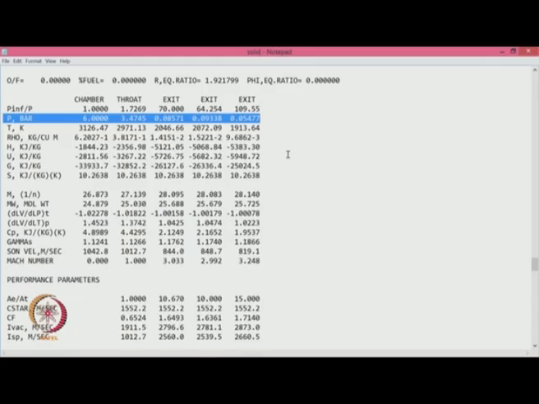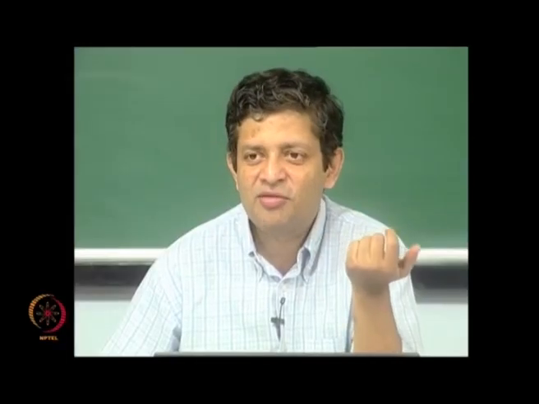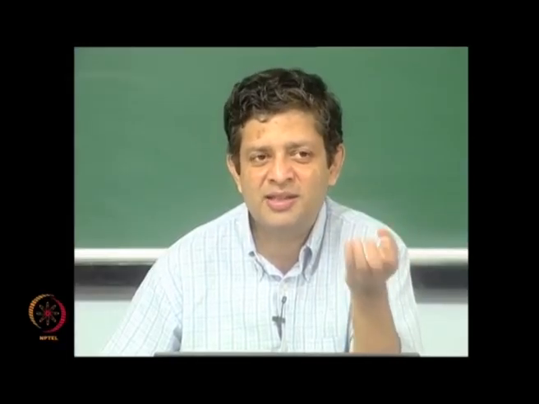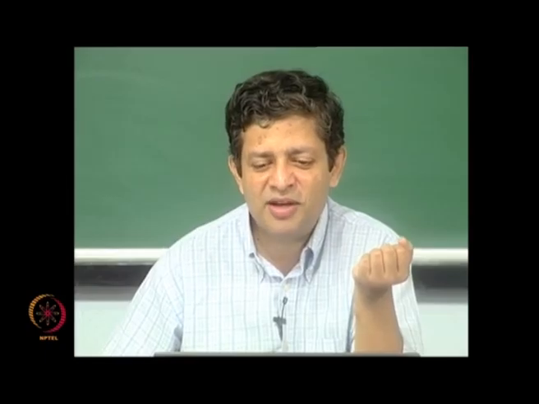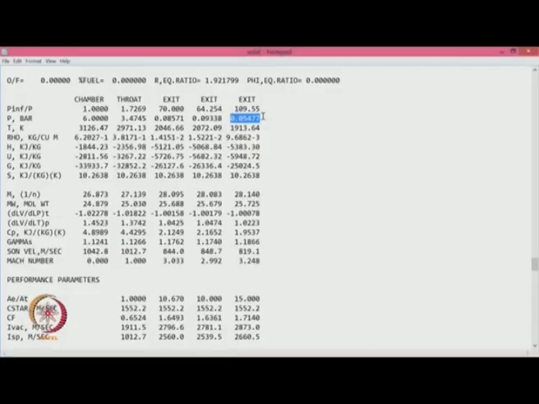Right. What this software will not be able to tell you is, look at the ISP column with 15 area ratio and with 6 bar. If you are doing this experiment at sea level, the exit pressure is very low, and in this condition you will probably have a normal shock sitting in the divergent portion of the nozzle, and therefore you will not be able to get these kinds of ISPs.